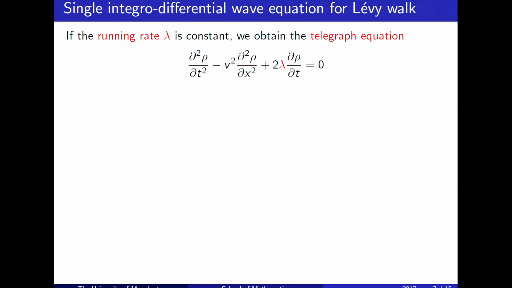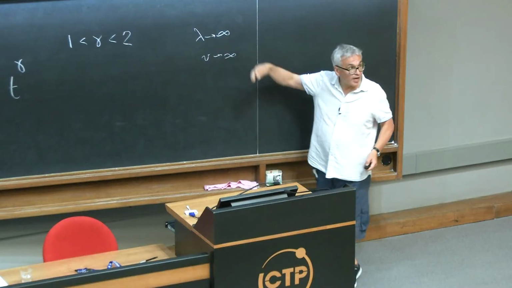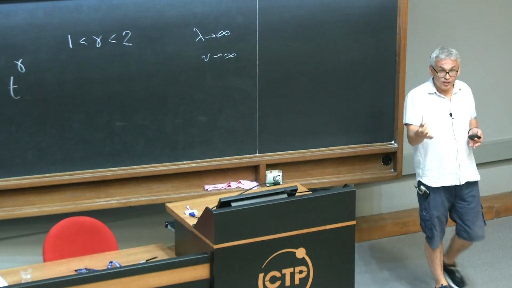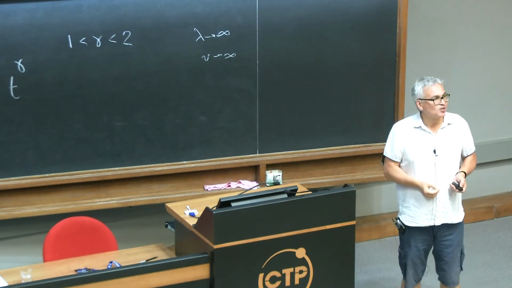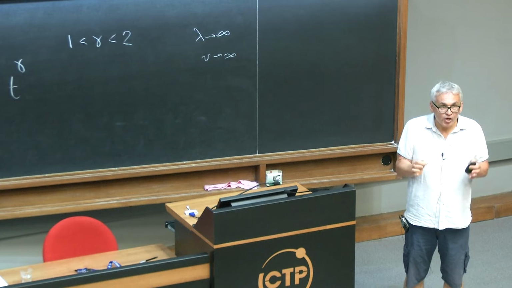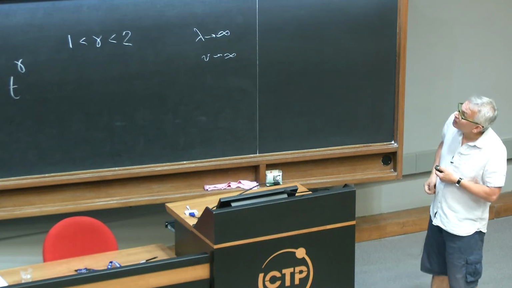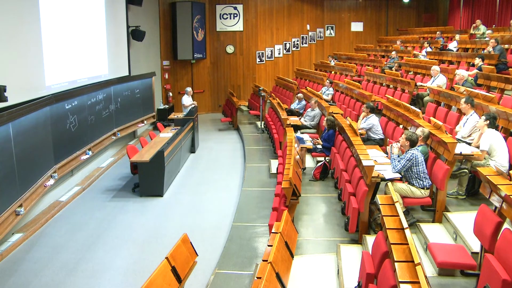So that's the classical telegraph equation. And of course, when lambda, the rate of change, tends to infinity and velocity tends to infinity in such a way that the ratio is a constant, we can introduce a diffusion coefficient. So the central limit theorem works, and of course, this is just a trivial extension of the classical diffusion equation.